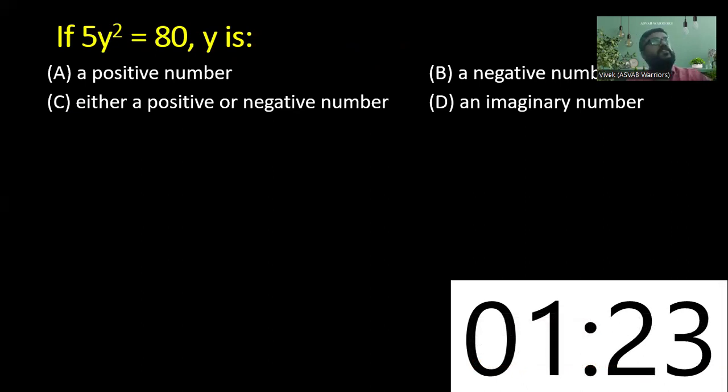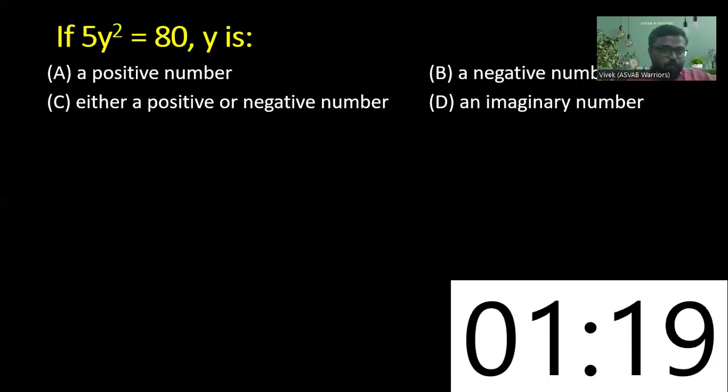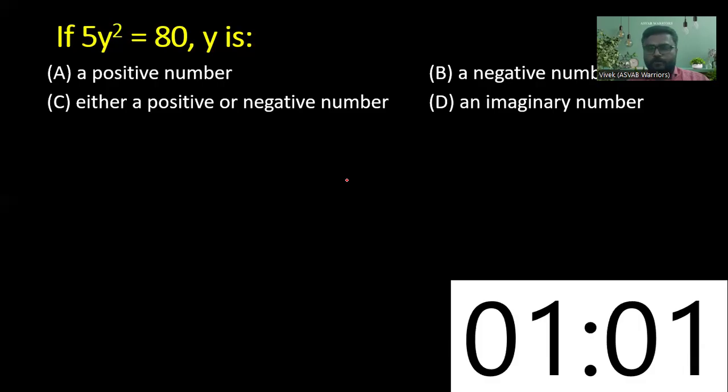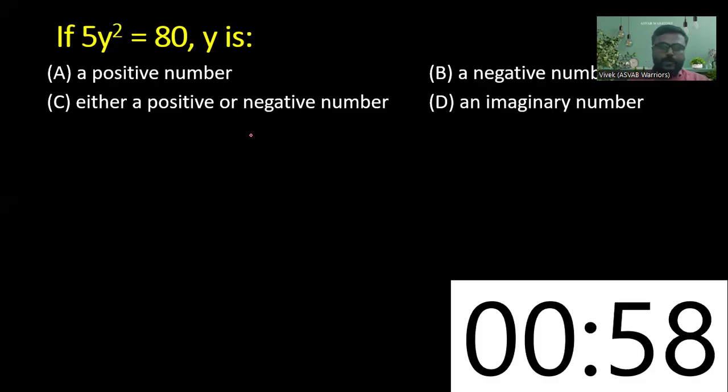This is a two-step equation. Okay. And this is EA. Let's wait for Ablam. Ablam says 4. Okay. Let me solve it for you guys.